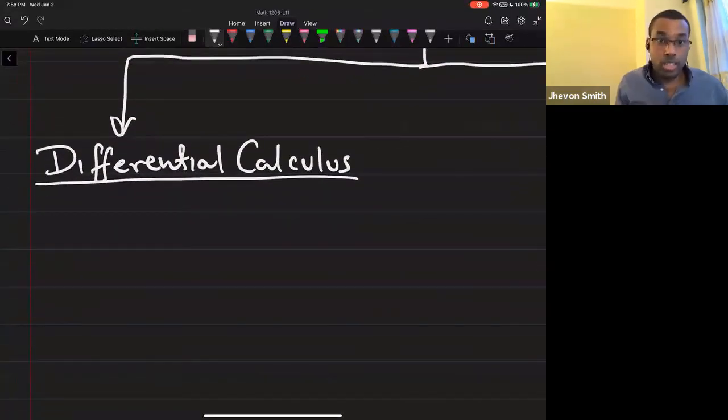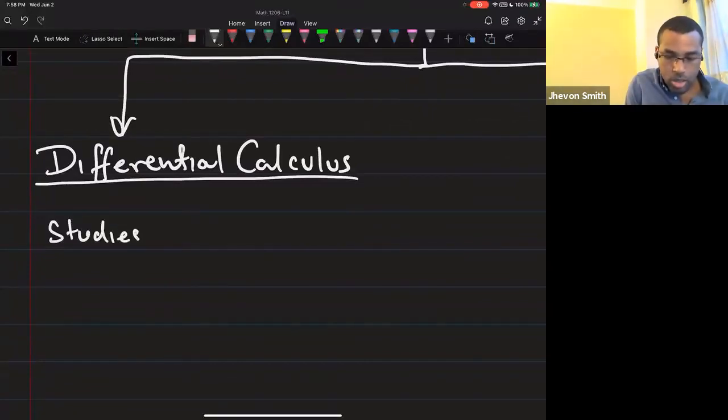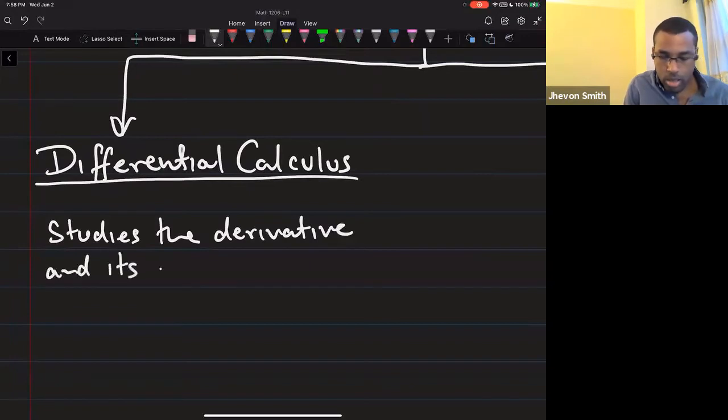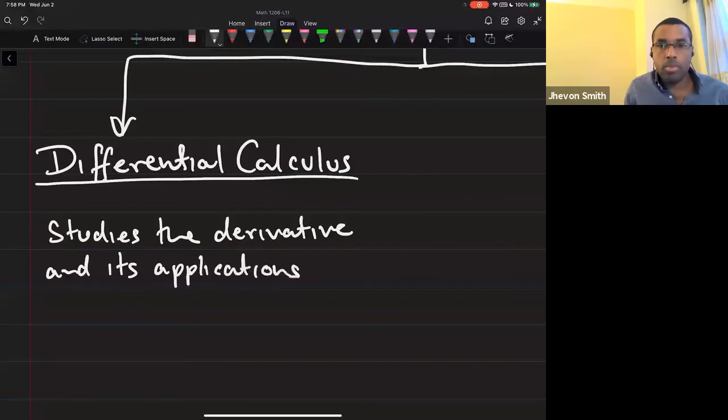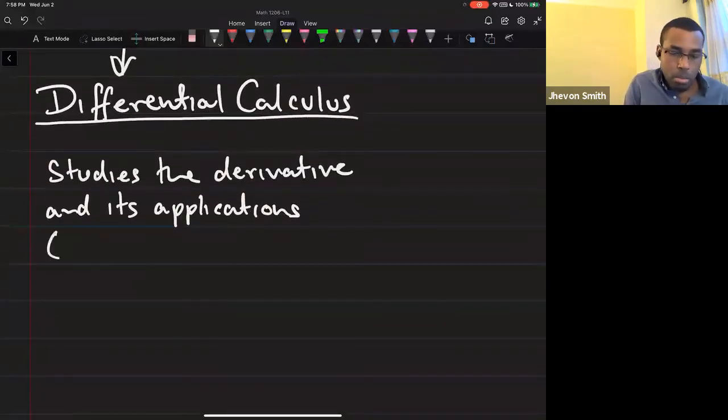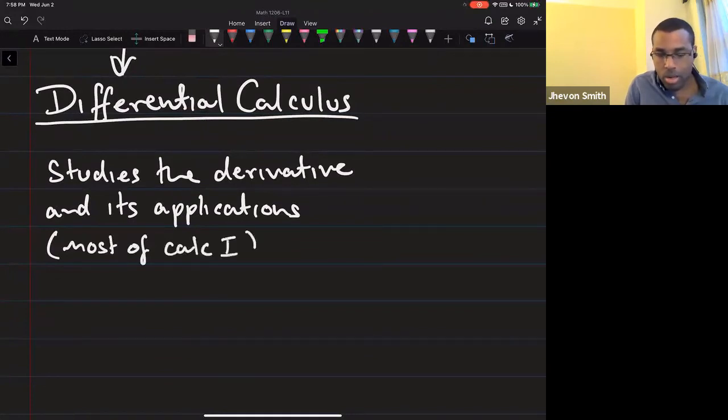And this is the branch that studies the derivative and its applications. And most of the time in Calc 1, this is what we do. This is most of Calc 1. We're going to be studying something called the derivative and its applications.